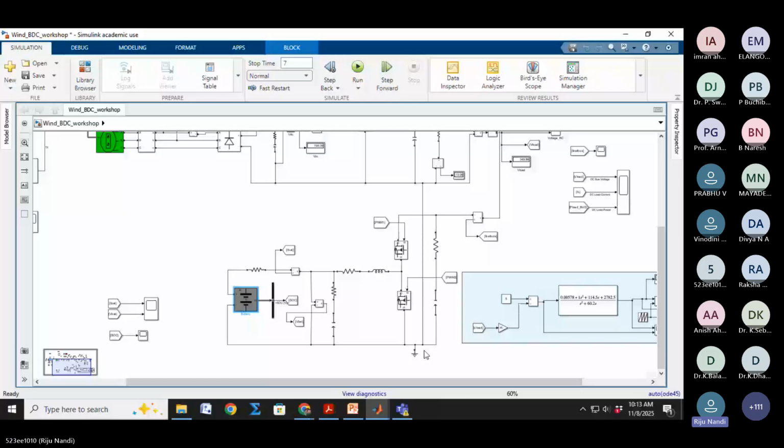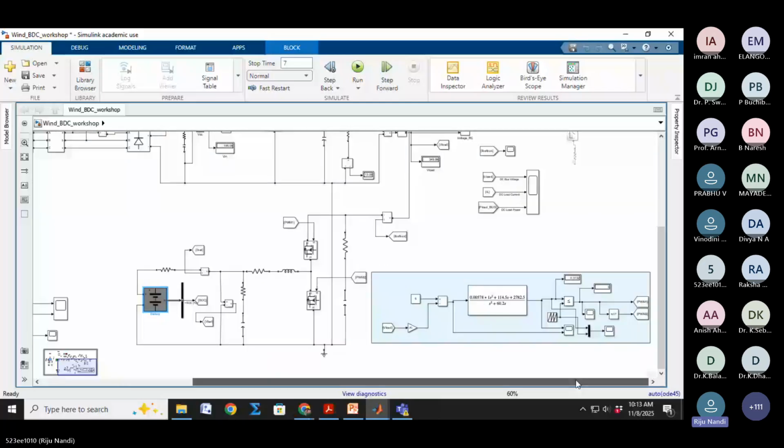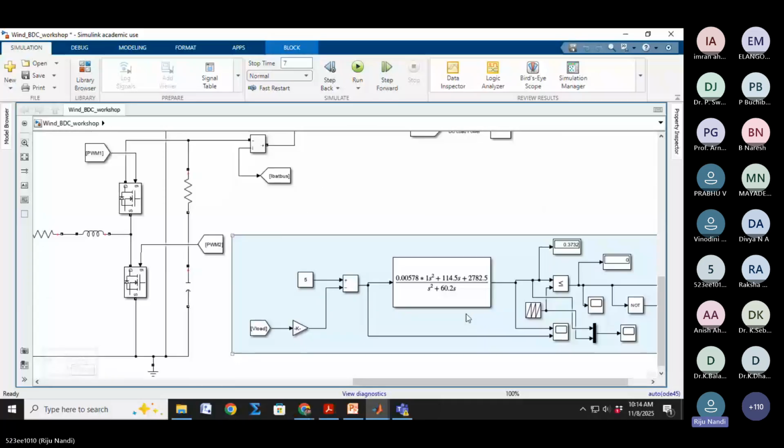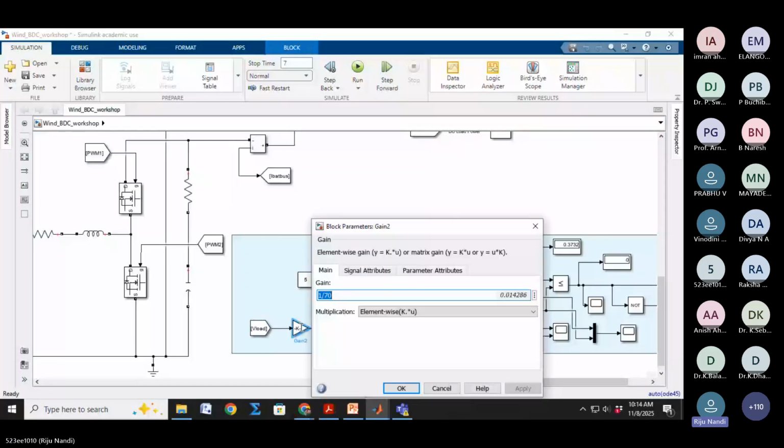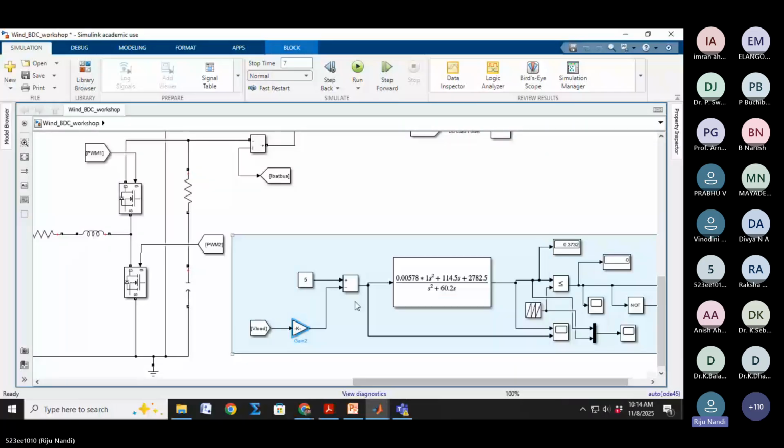You can see the controlling part that I have designed. The 5 volt is the reference. Suppose the V voltage is 350, our voltage is 350, so the gain is 1 by 70. So 1 by 70 means 5 volt, near our 5 volt. So it compares this part, then the error will come.